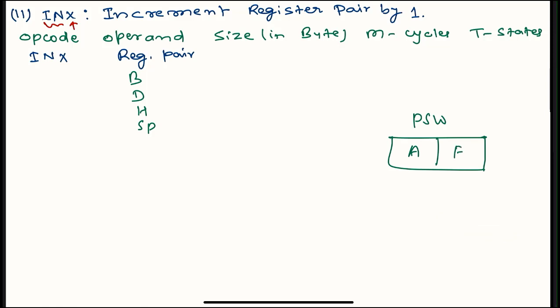But this register pair is not used here along with the INX instruction. So if somewhere it is written INX PSW, it is an invalid instruction with respect to the 8085 microprocessor. During the exam they might ask these kinds of things also.